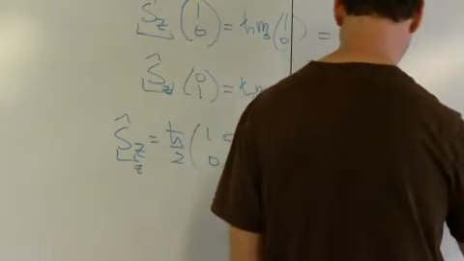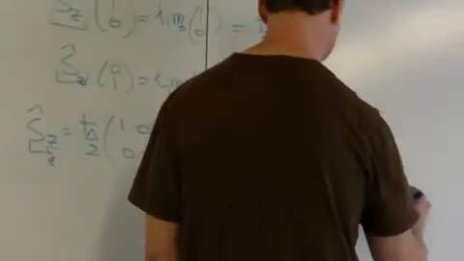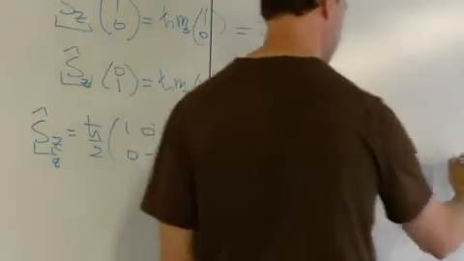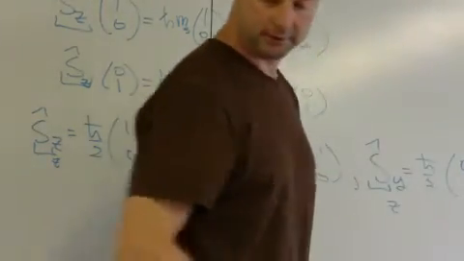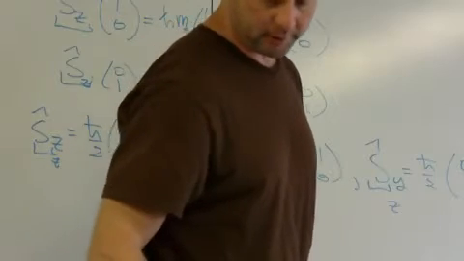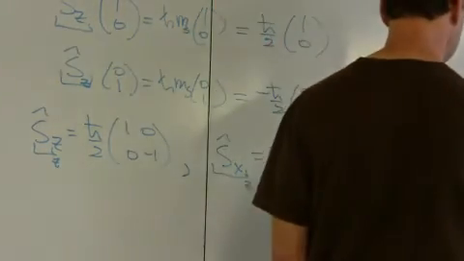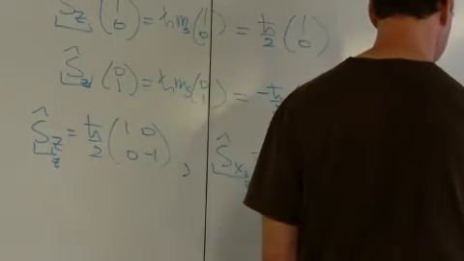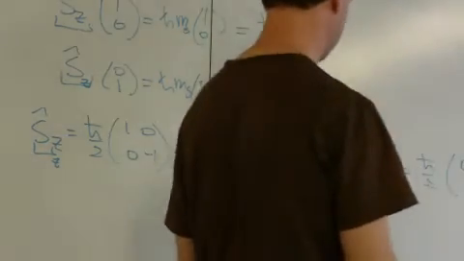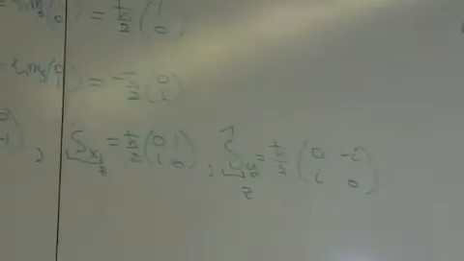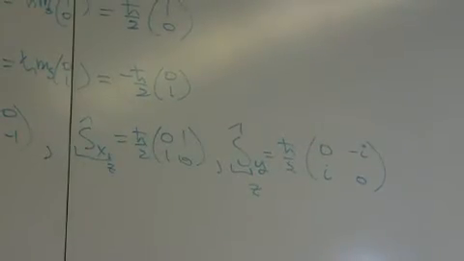And then Sy in a Z basis equals ħ/2 times (0, -i; i, 0), sorry, there's an i here. Because when you square, you get back to the identity.